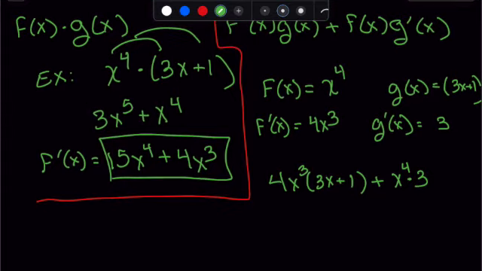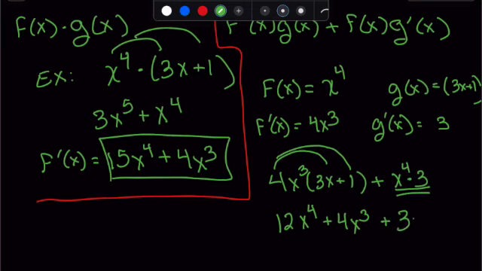Well, you're probably realizing that we're about to get to the answer. 4 times 3x is 12x to the 4th. 4x cubed times 1 will be itself. And over here, plus, well, 3 times x to the 4th will be 3x to the 4th.